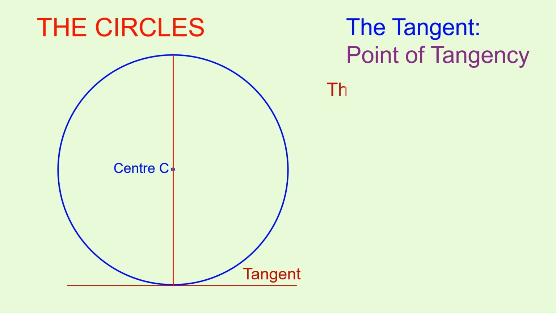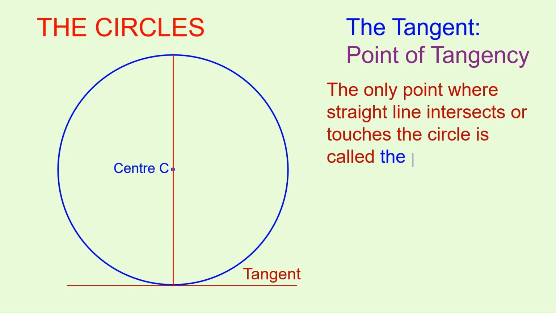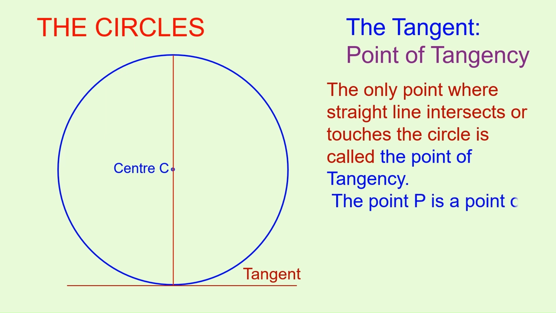The point of tangency: the only point where the straight line intersects or touches the circle is called the point of tangency. The point P is a point of tangency.